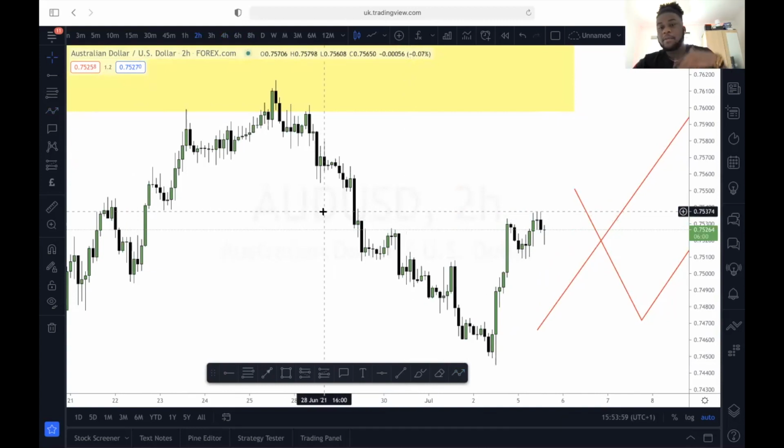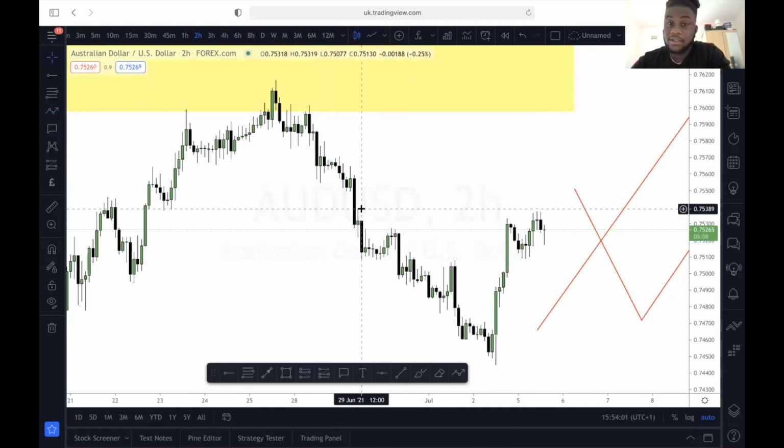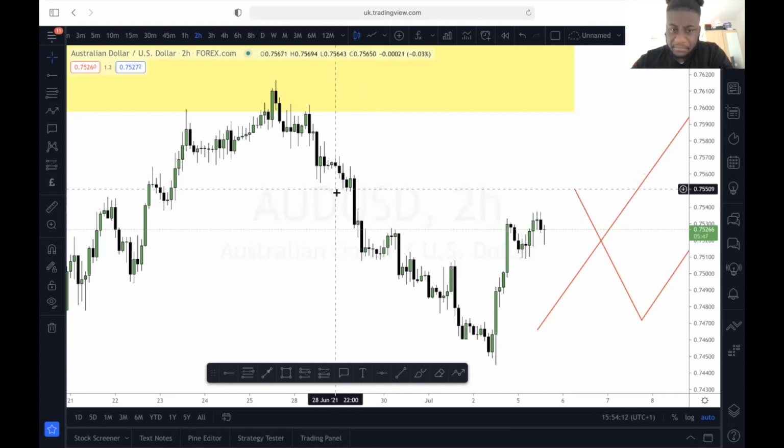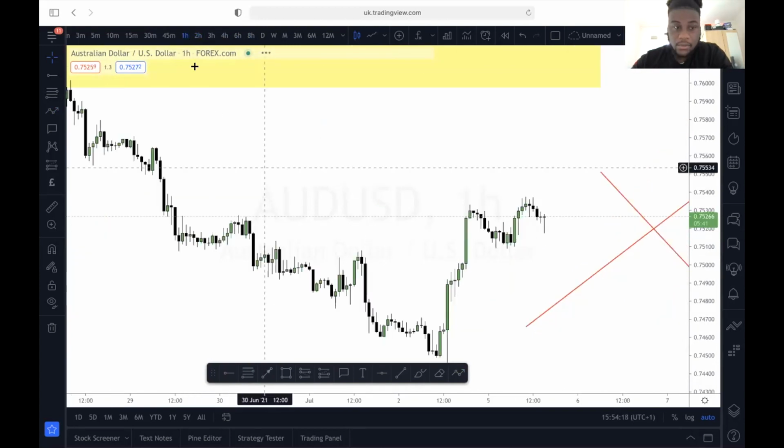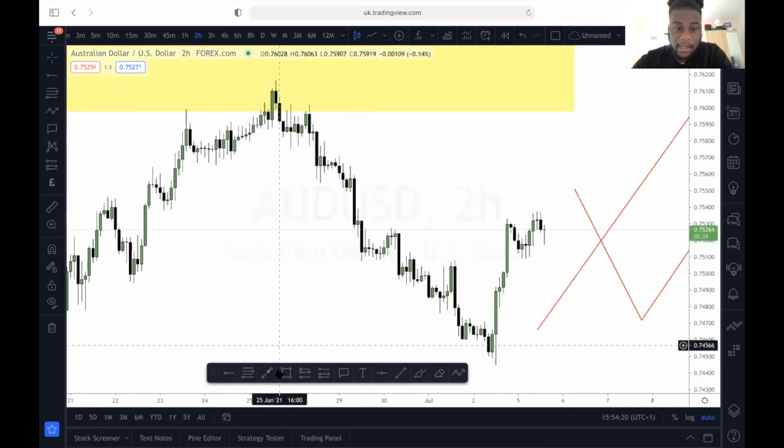I'm basically gonna work myself down and lower. It's sort of like a bird's eye view, where you've got that view of the whole data. And as we go closer and closer, we're looking at things a lot more in detail. So working myself down from the 2-hour, I quite like this 2-hour zone here.